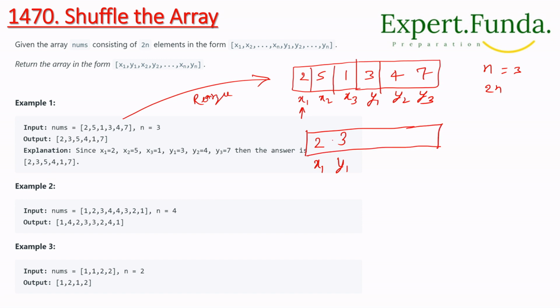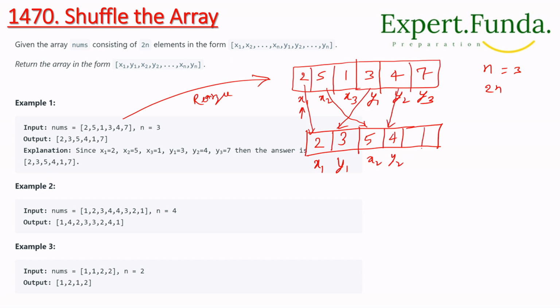Next, x2 will come from 5, and x2 will come from here. And x2 y2, where is y2? Y2 is here, so it will come out as 4. This is our y2, it will come from here.